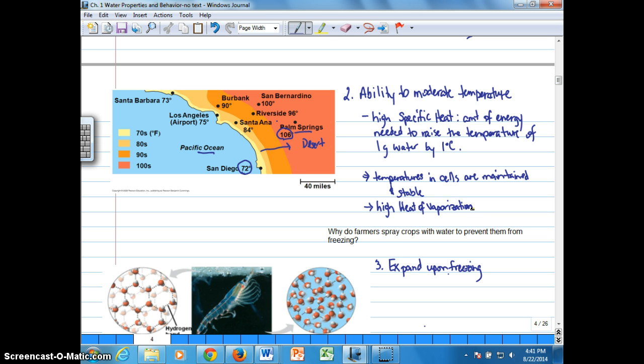Because water has a high heat of vaporization, it requires a high amount of energy for a phase change to occur between a liquid and gas, so for water to evaporate into vapor.